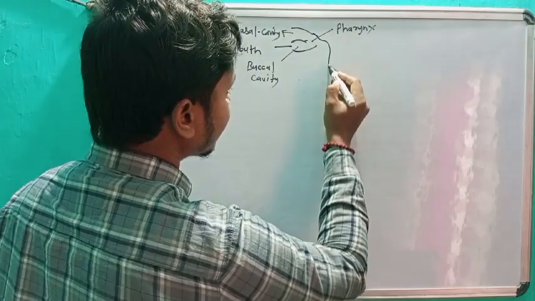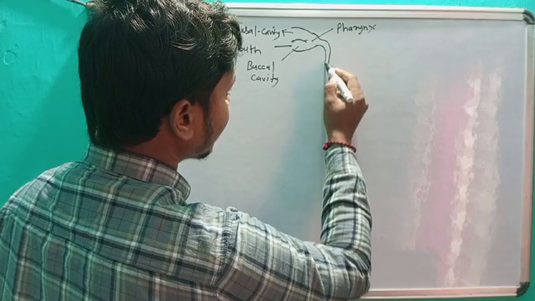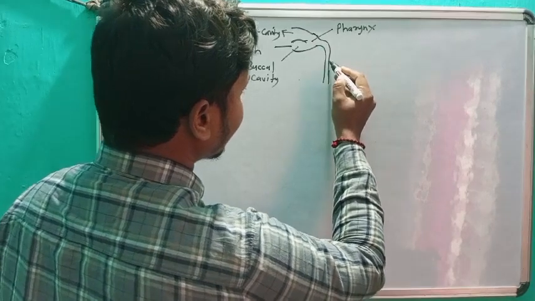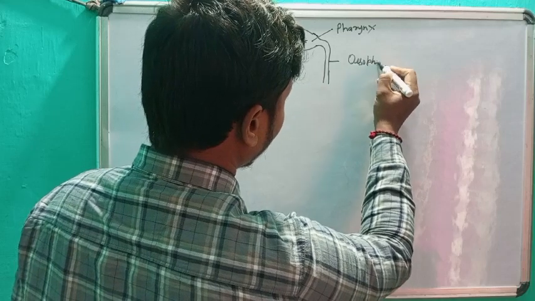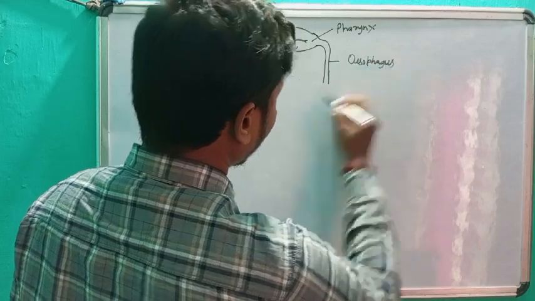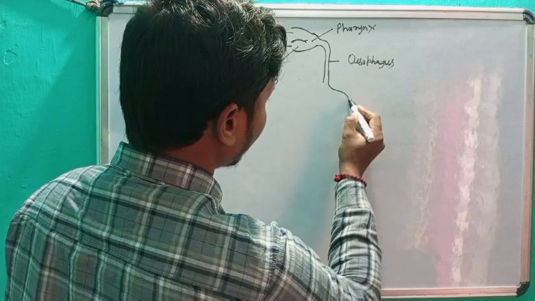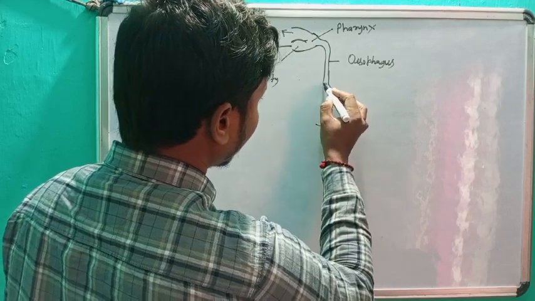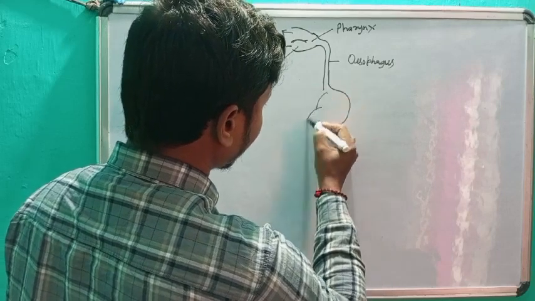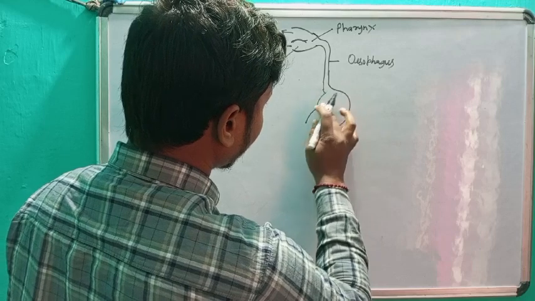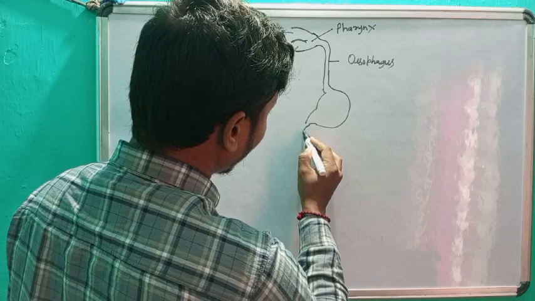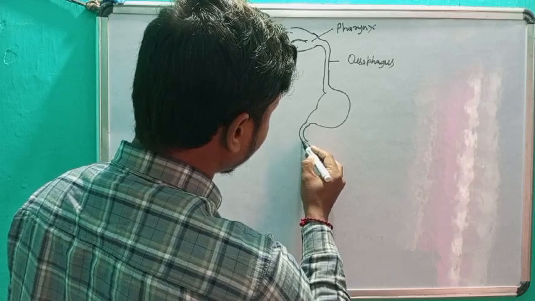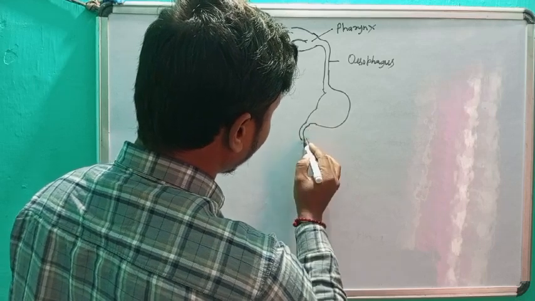The pharynx is followed by a long tubular structure. This tubular structure is known as the oesophagus, and the oesophagus opens into the stomach. The stomach opens into the first part of the small intestine.